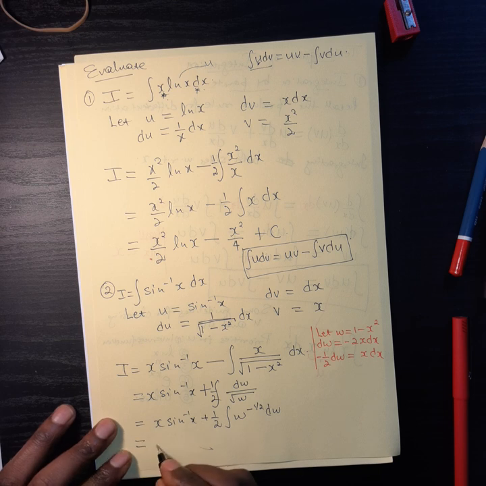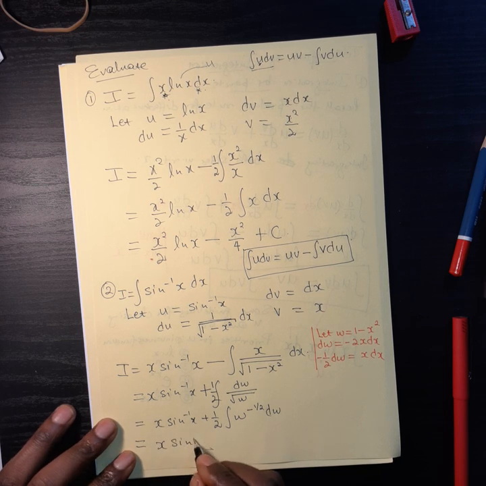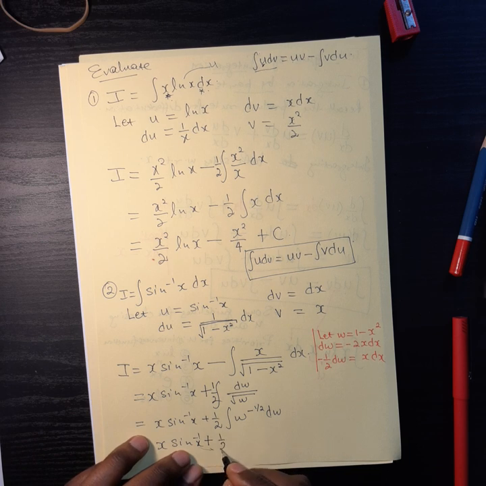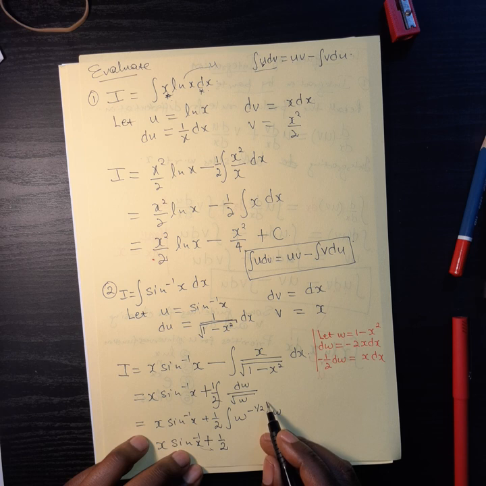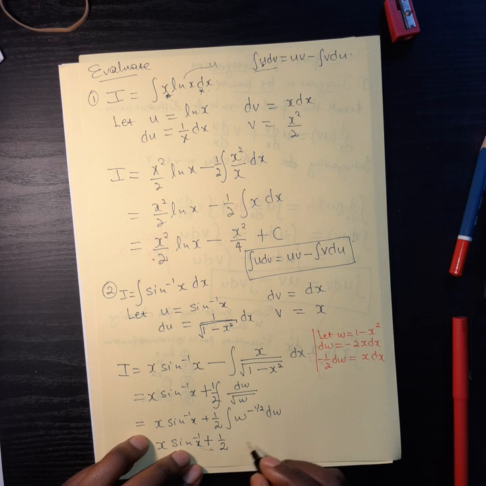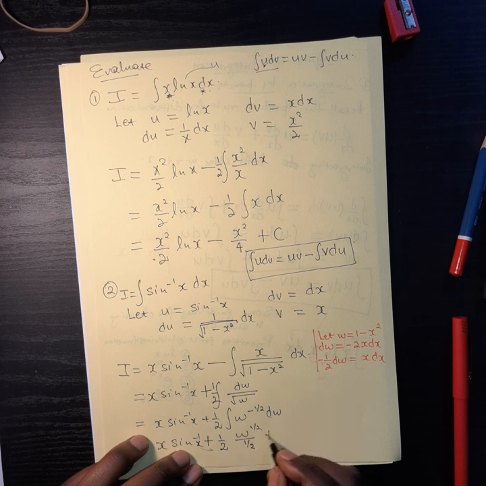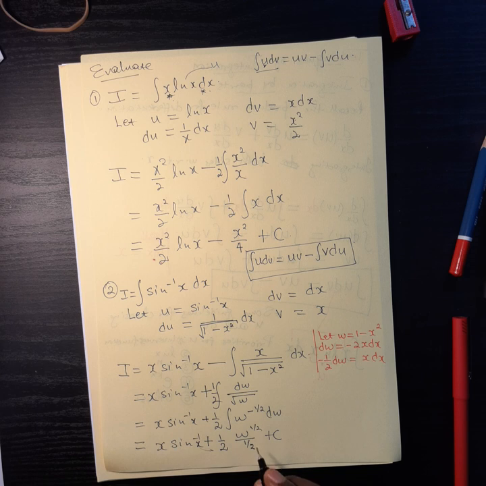And this is equal to x arc sine of x, plus 1 over 2. We find the integral, we add 1, we divide, then the half and half will cancel. So we have w to the power of 1 over 2 over 1 over 2, plus c for that matter, and then half and half will cancel.